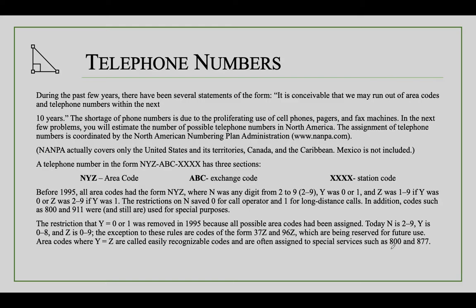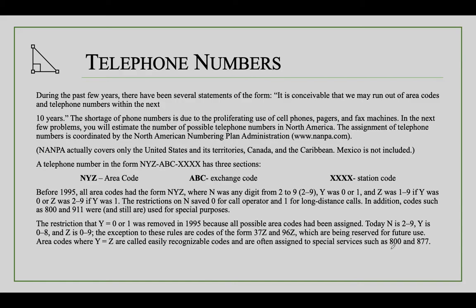Before 1995, all area codes had the form NYZ, where N was any digit from 2 to 9, Y was 0 or 1, and Z was 1 to 9 if Y was 0, or Z was 2 to 9 if Y was 1.